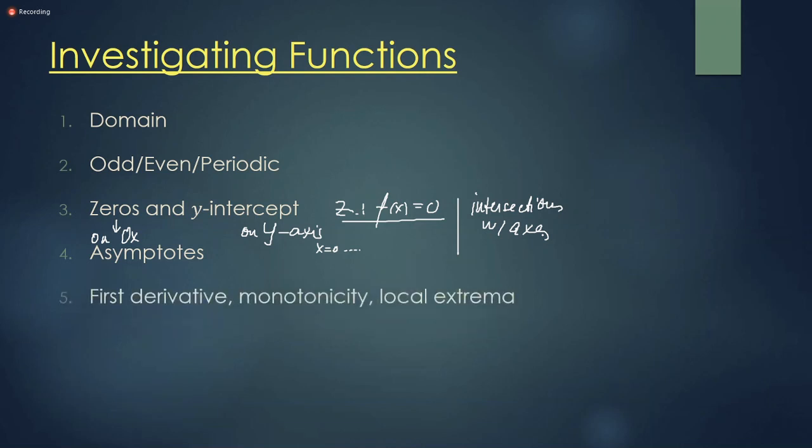First derivative, everything that follows from the first derivative. This is where you investigate the first derivative of the function, where you sketch the sign diagram with the critical points, where you indicate how the function will behave.